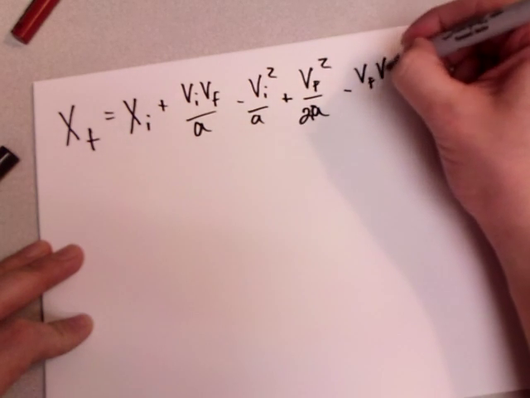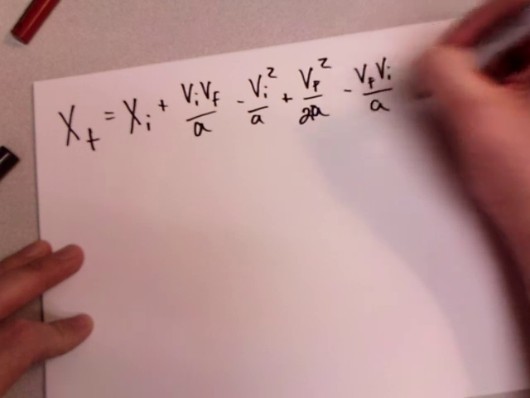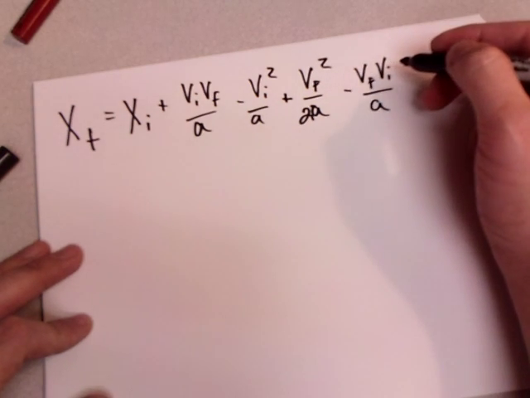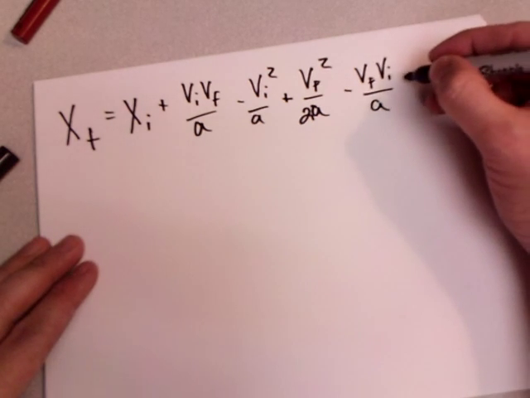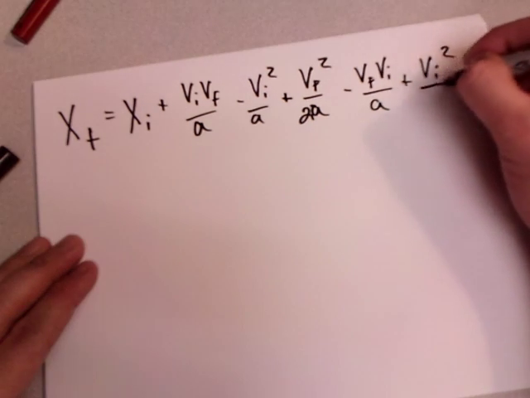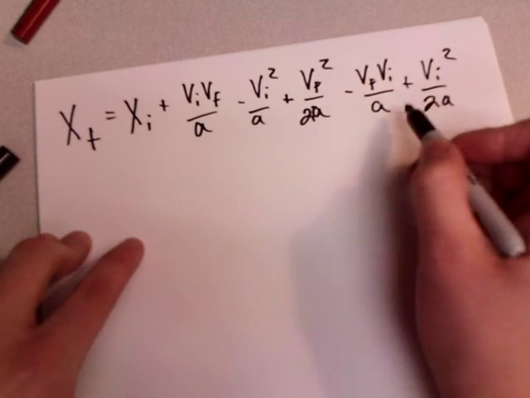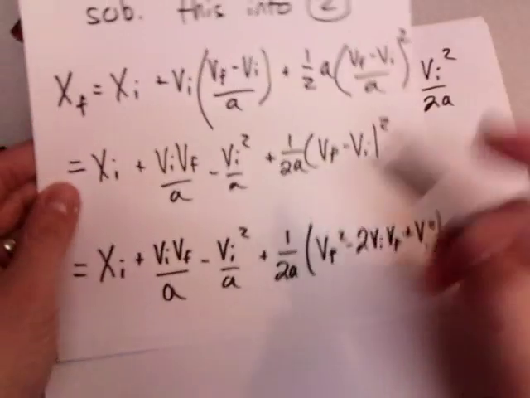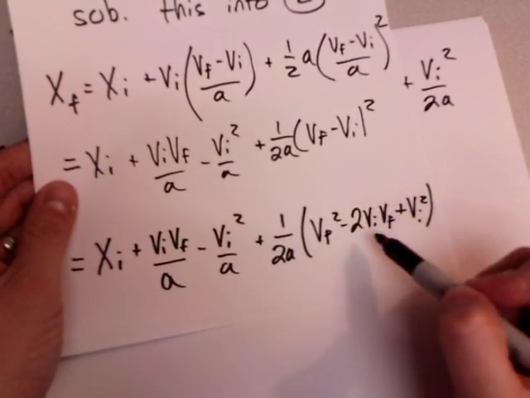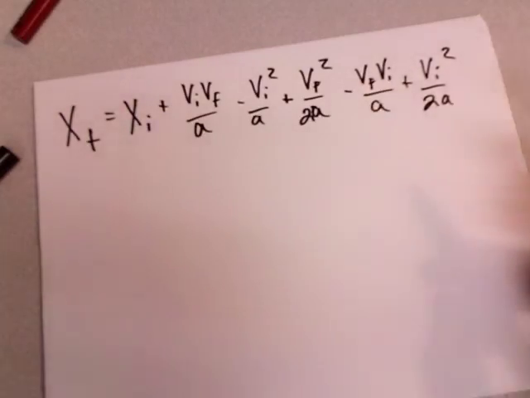Minus VF VI over A. I think I switched these from my previous, but of course it's multiplication, so it doesn't matter which order I am. That's just a little mental error on my part. Plus VI squared over 2A. This is what we get from distributing 1 over 2A through. The reason this is only A is because we had a 2 on the bottom and a 2 on the top. And again, I switched the order of those, but that doesn't matter.